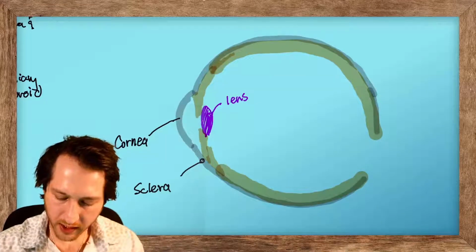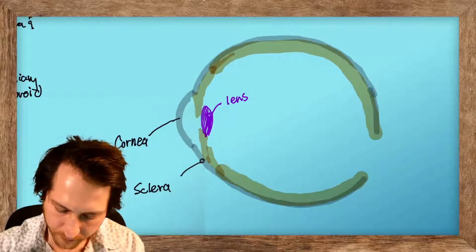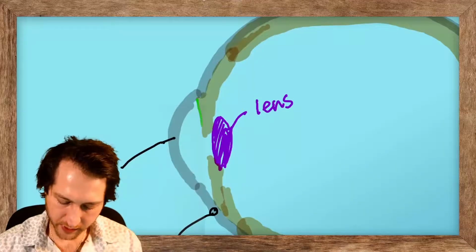All right, so let's go ahead and label these and outline them a little bit. So we have the iris here.